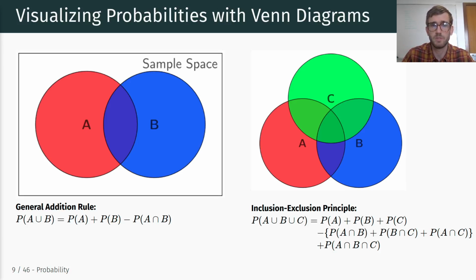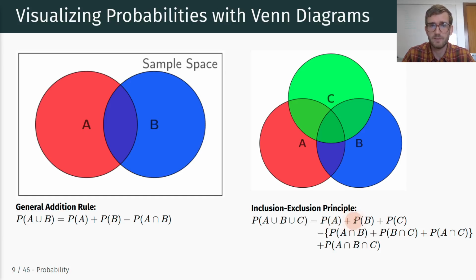This is more generally the inclusion-exclusion principle. If we look, for example, at the probability of A union B union C, so any of the events A, B, or C happening, the same logic applies, and you can pause the video and go through each of those steps.